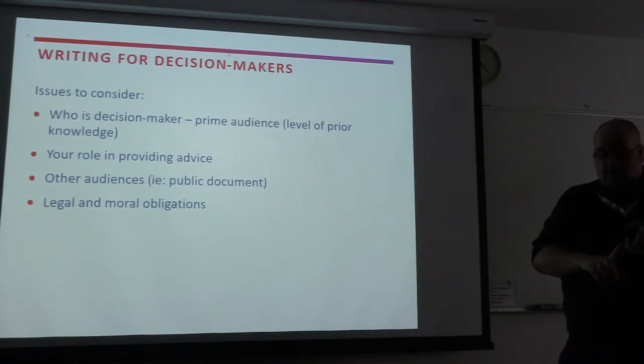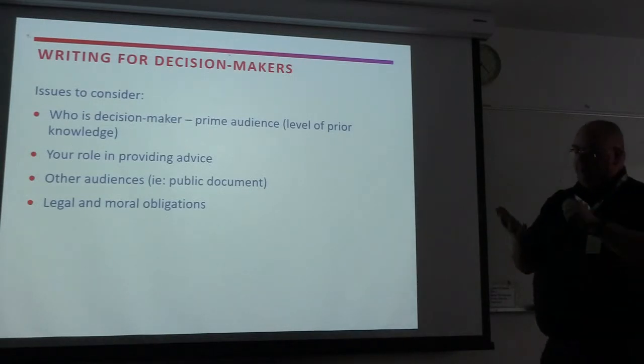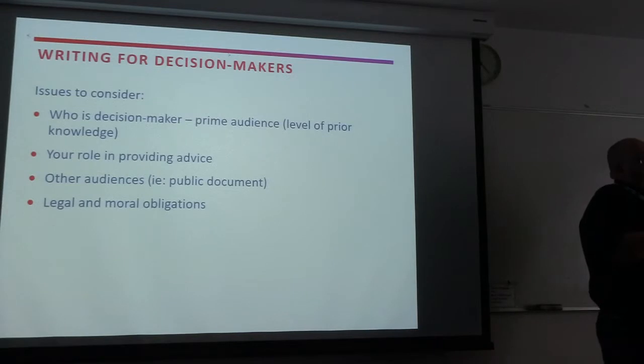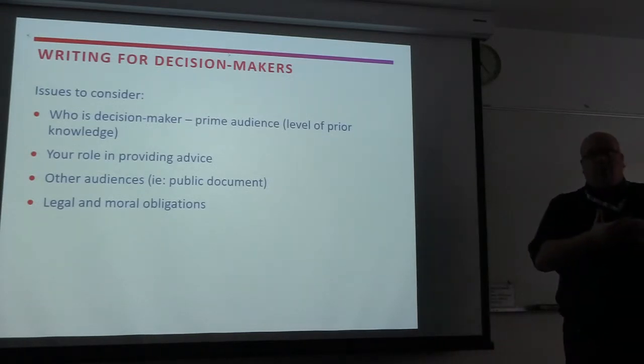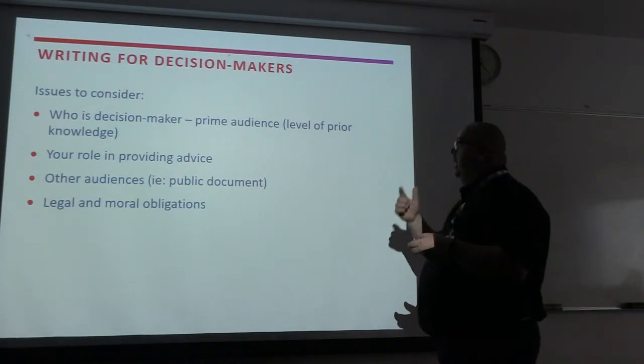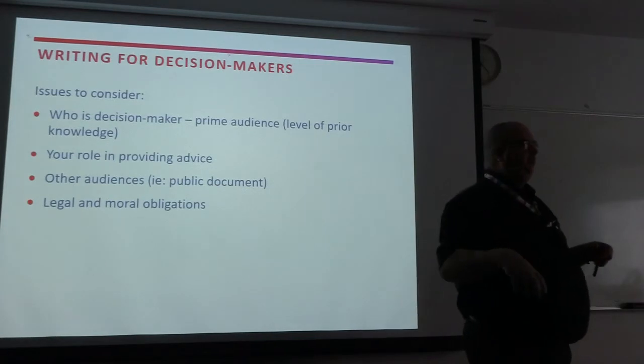I could be writing something back to the Ombudsman, I could be writing something to a minister, I could be writing a press release, I could be writing an agenda item. All of these things I was involved in council, and if you work as a planner at council, you will too. Who is my audience? As an agenda item, my prime audience is the alderman.